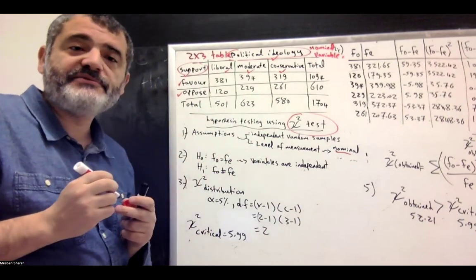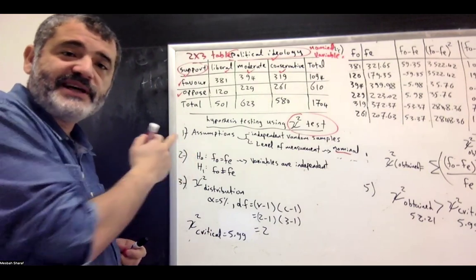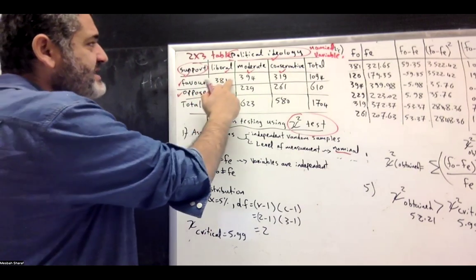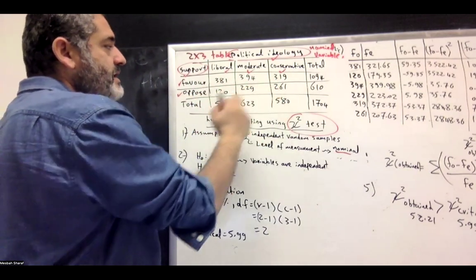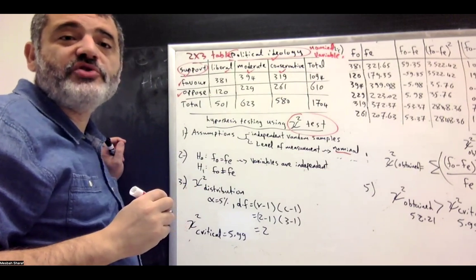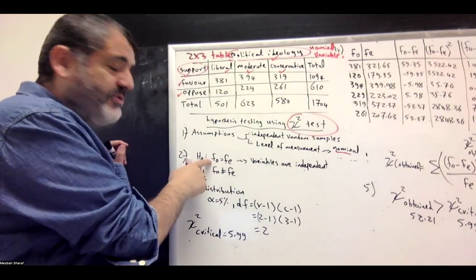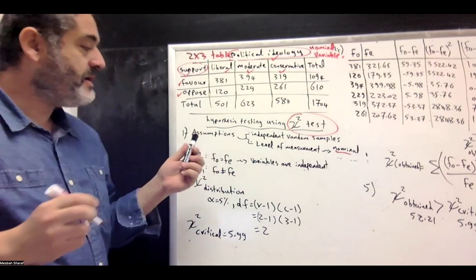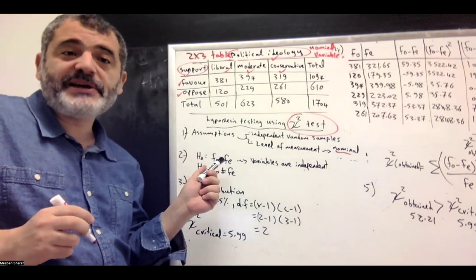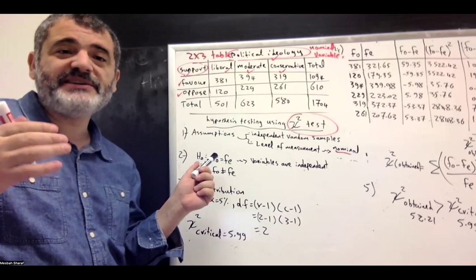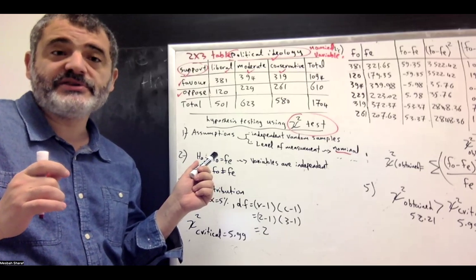The second step, we have to state our H0 and H1, the null and the alternative hypothesis. The numbers that are given in each cell are the observed frequencies, FO. FE is the expected frequencies. These are the frequencies that we expect if the two variables were independent.